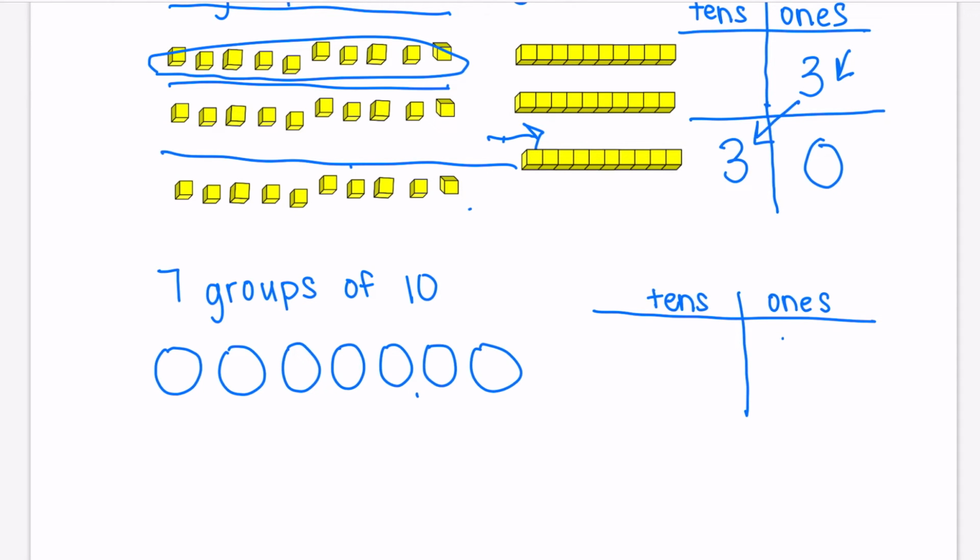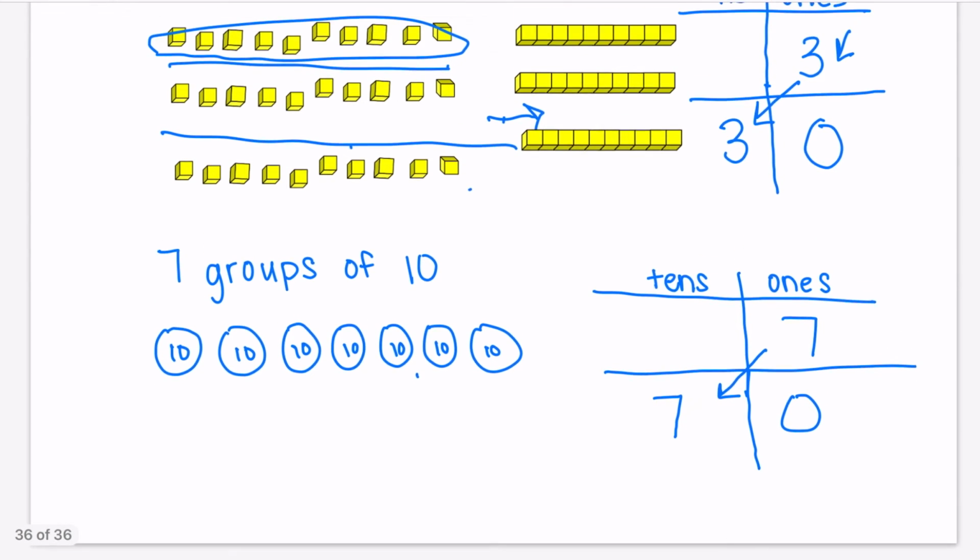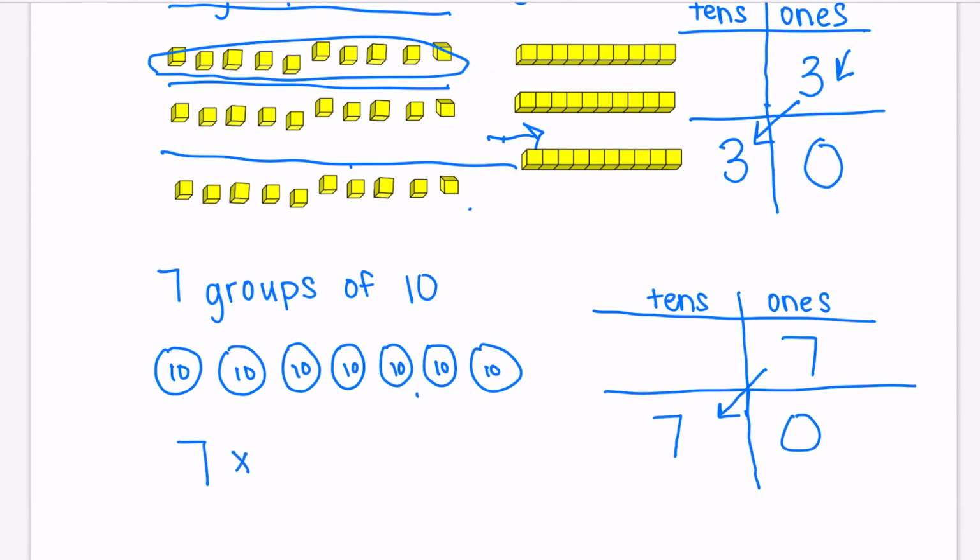Okay, so here I have 7 groups. That's 7 as a 1. But now, instead of making these worth 1, I'm going to place 10 in each group. And that gives me a total of 70. So we can see that now we have 7 tens and 0 loose ones. That means that 7 times 10 is equal to 70.